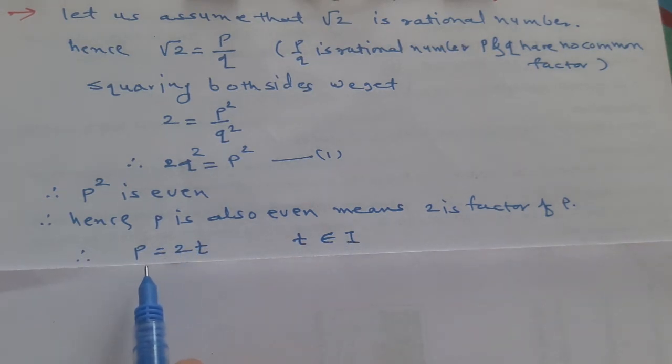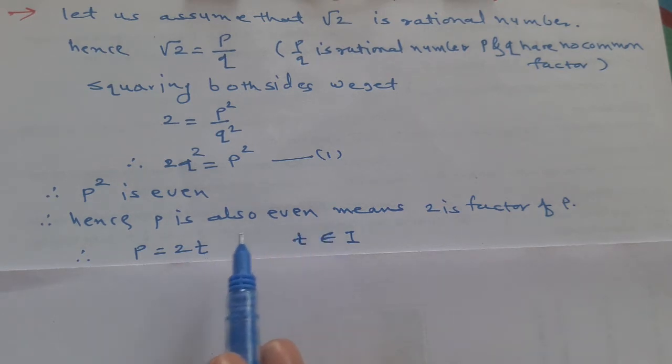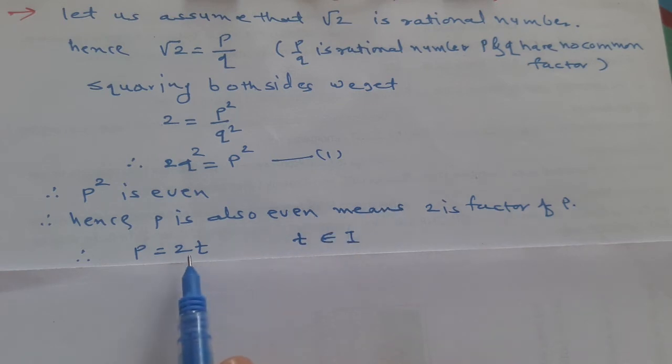We can write P equal to 2T, where T belongs to I, because P is an even number.